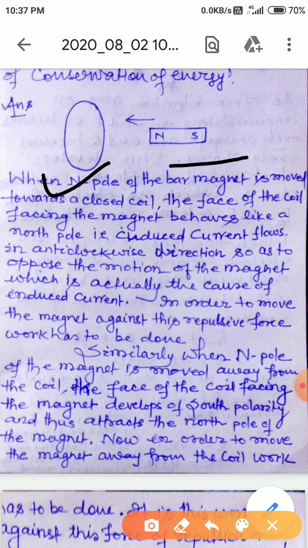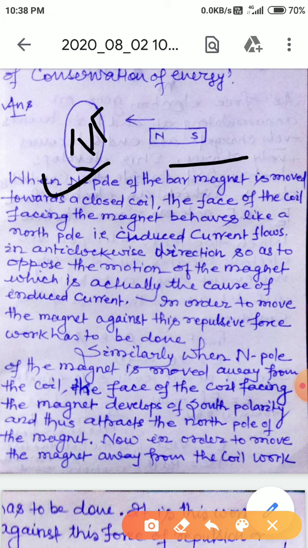Now, the face of the coil facing the magnet must behave like a north pole to oppose its motion, and that is possible only when current flows in anti-clockwise direction.